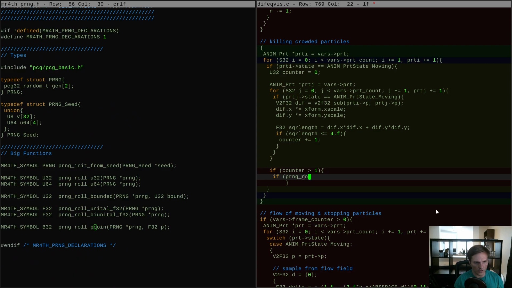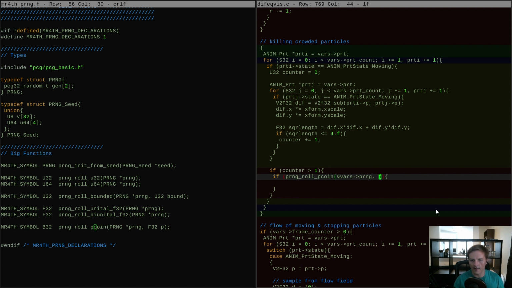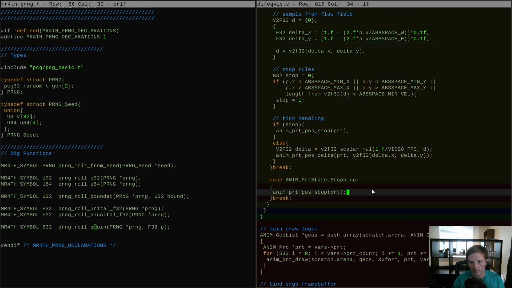Yeah. prng roll pcoin, vars prng, and I want the floating point value here to be counter minus 1 divided by like 5 or 6, right? And so if that happens, then I'm going to mark it as stopping right there.